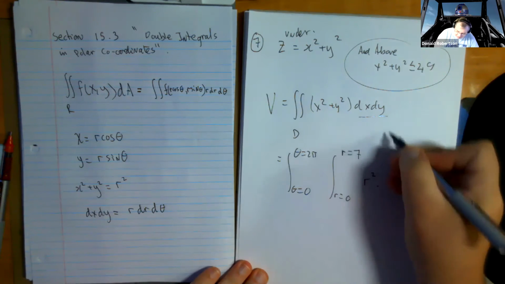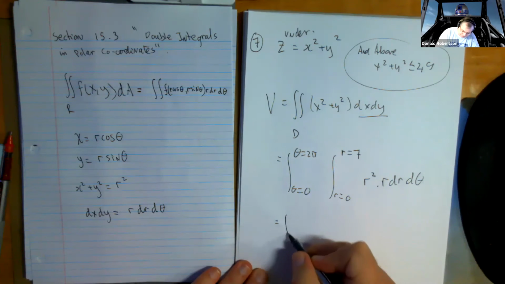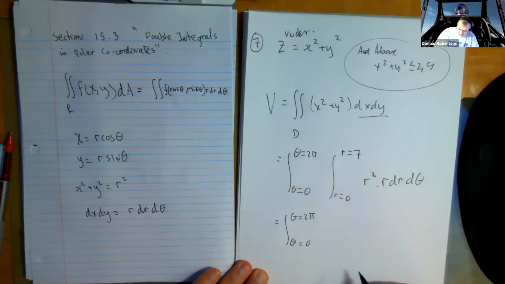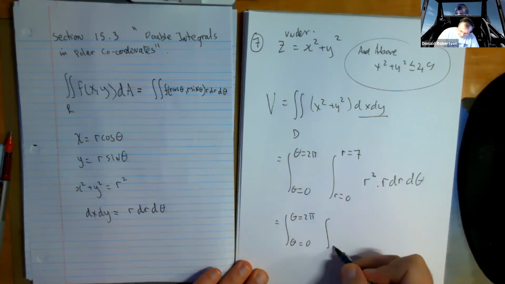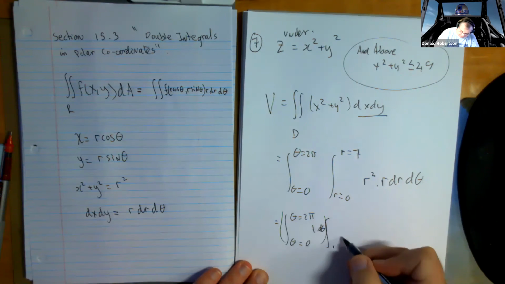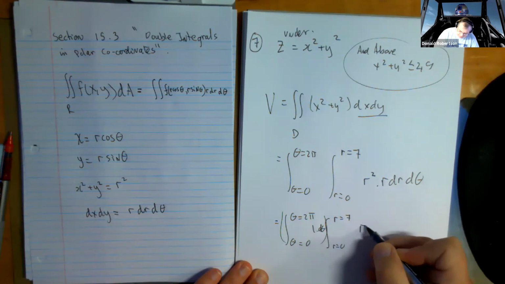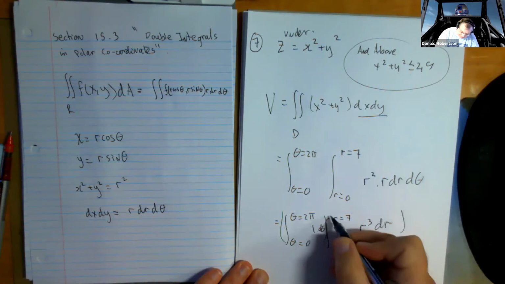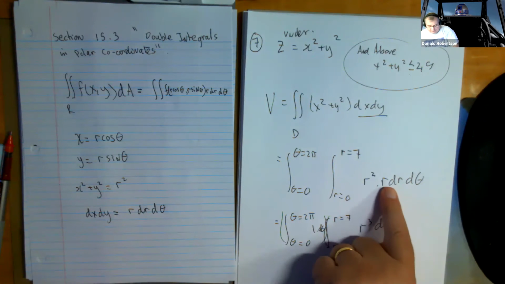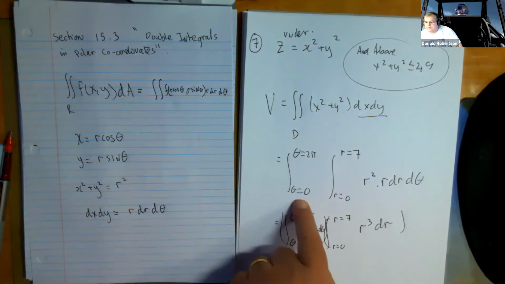And won't this guy become r dr d theta? And this one is a variable separable. r cubed, 0 to 7, 1 d theta from here to here.